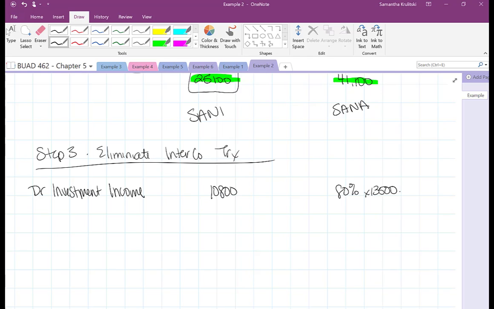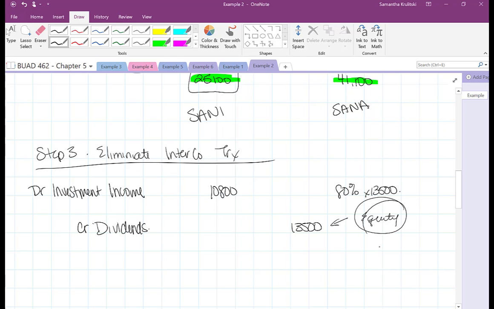Now, Little has recorded dividends of $13,500. So we know we need to credit dividends of $13,500. And everybody realize that this is an equity account here.